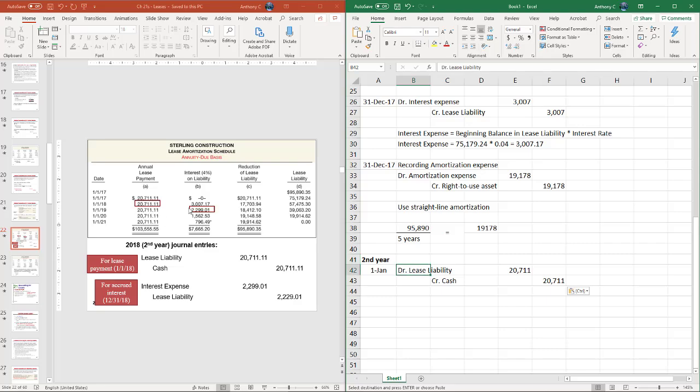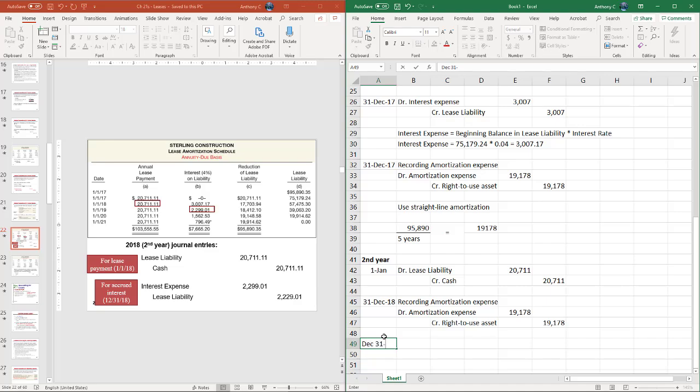So again, the payment's $27.11. We'll decrease our lease liability, we'll credit our cash. Again, when it hits the end of the year, we need to accrue interest expense and record our amortization expense. Our amortization expense is going to be exactly the same, because we're recording this on a straight line basis.